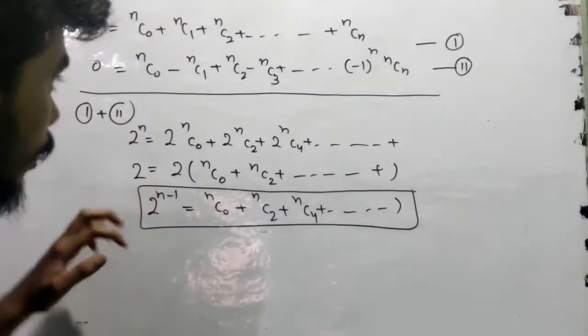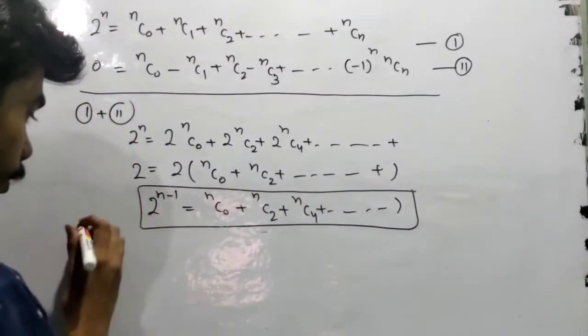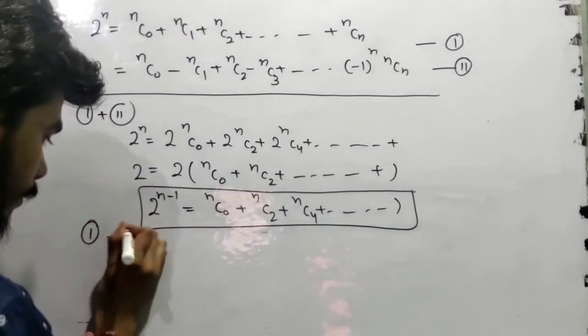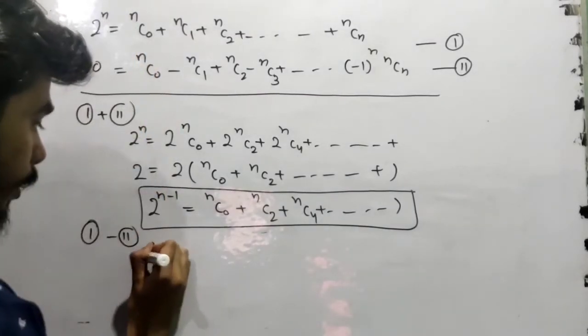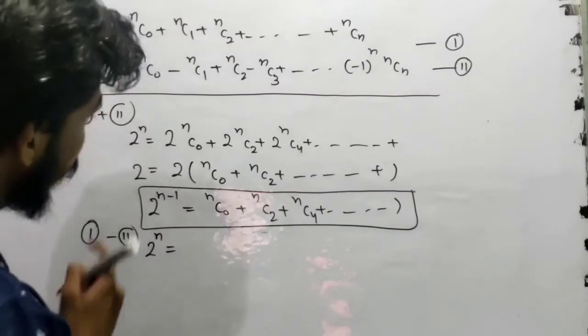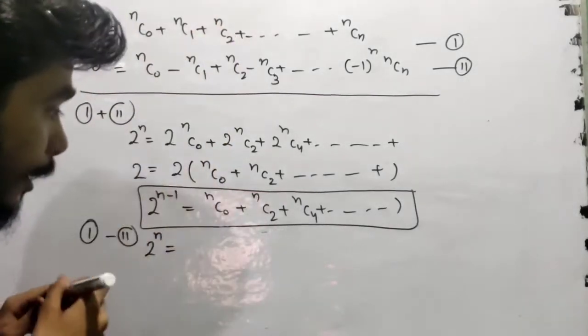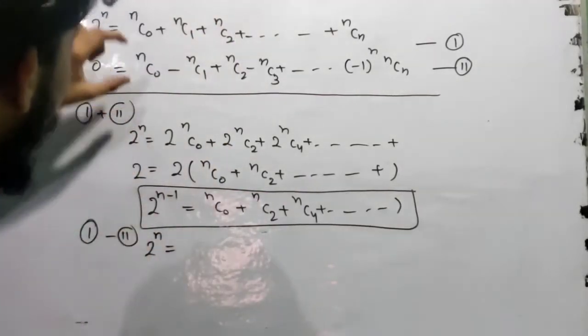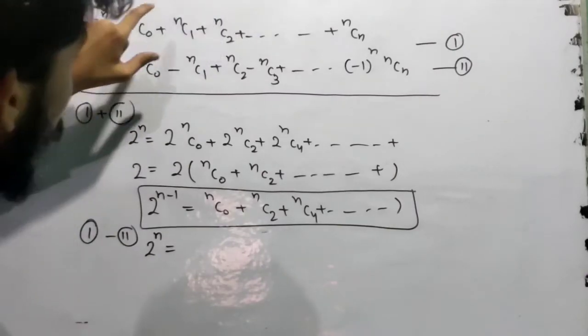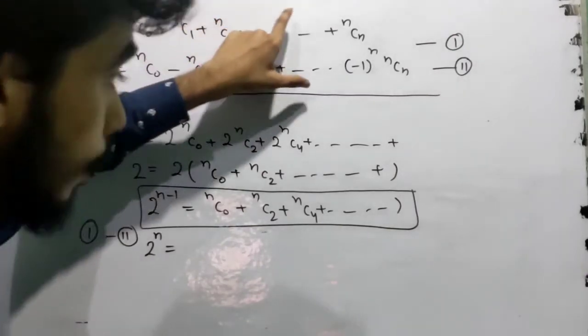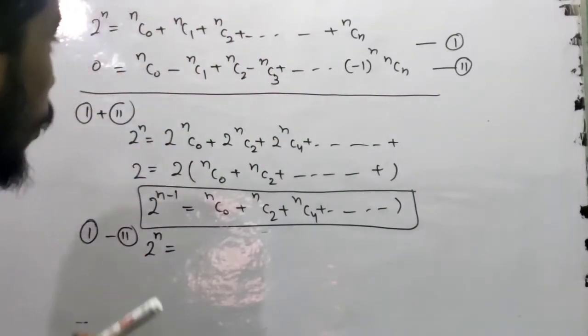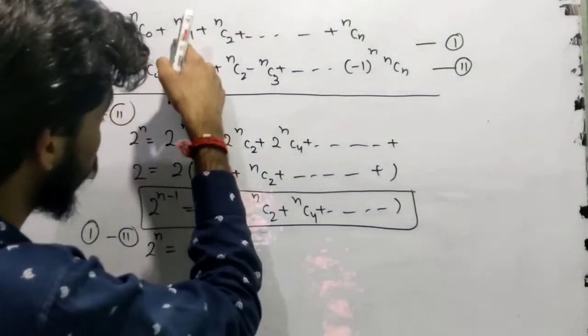When you subtract the first and second equations, similarly you will get 2 to the power n. Which terms are going to be cancelled out? Here nC0 and nC0 will cancel out, nC2 and nC2 will cancel out, nC4 and nC4 will cancel out. Here we get the odd terms, 2 times all of these.